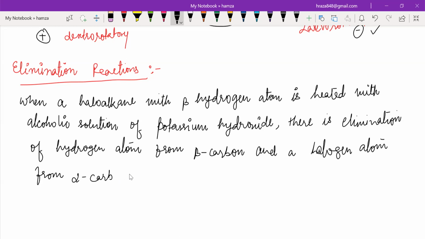So I will explain what is alpha carbon, what is beta carbon, what is beta hydrogen.